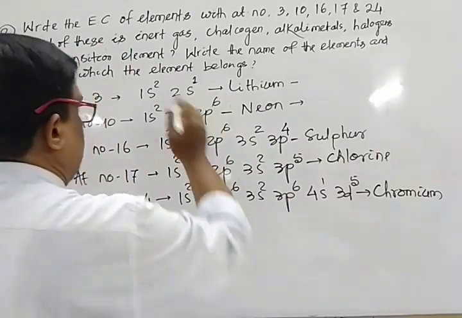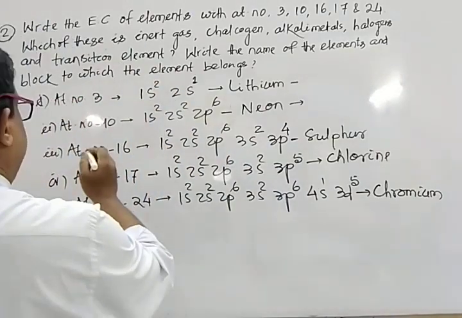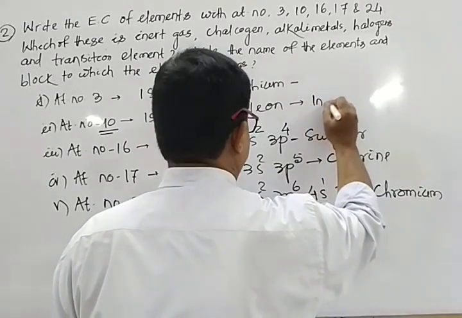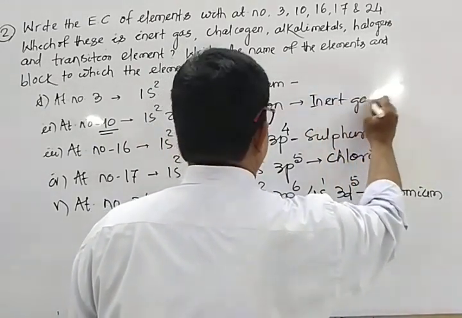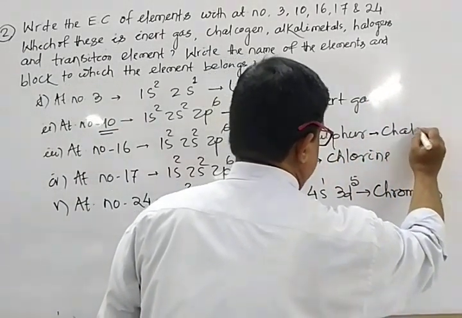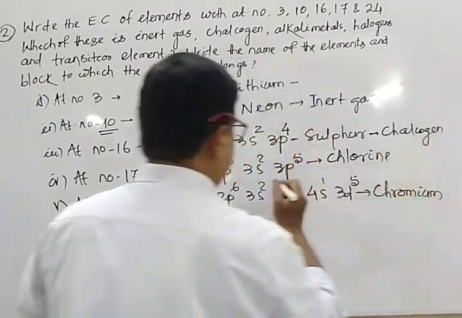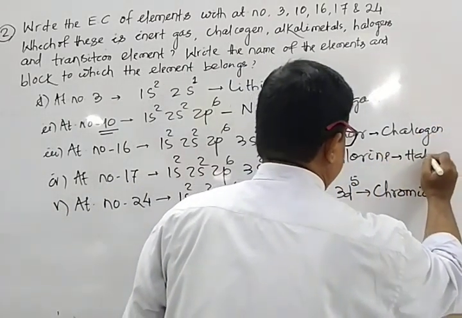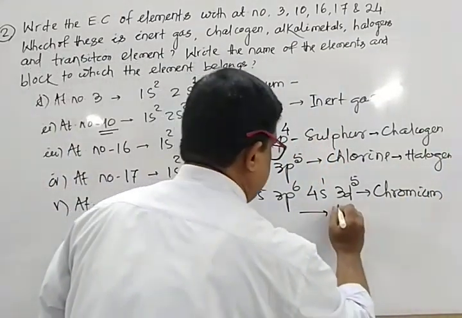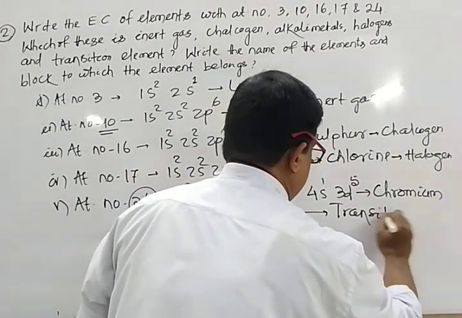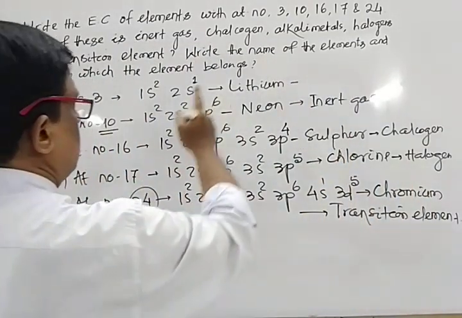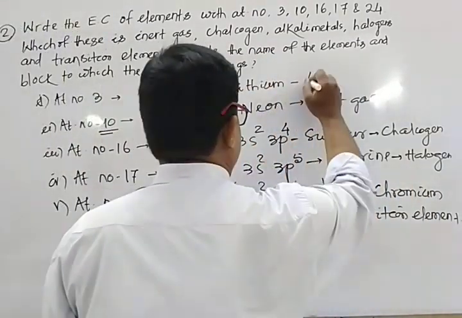Next, neon is a noble gas, so it is known as an inert gas. Group 16, sulfur, is known as a chalcogen. Group 17 is known as halogens. Chromium is in D block, so it is known as a transition element. And another one is lithium, which is known as an alkali metal.